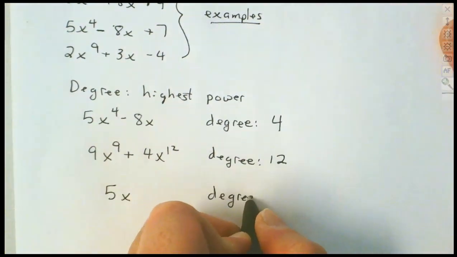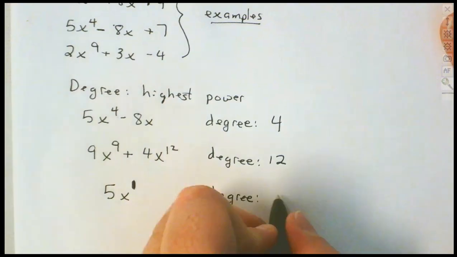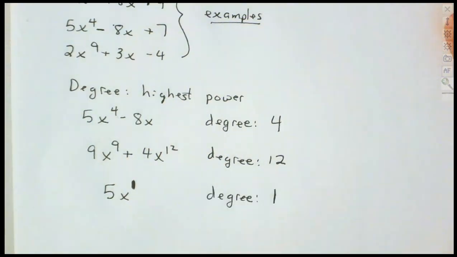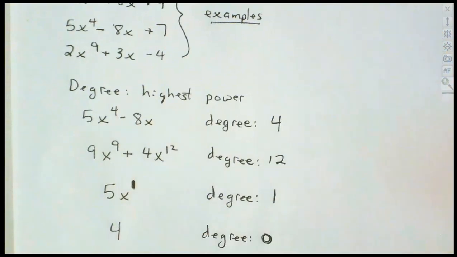It's not 5. Okay, 5x, there's actually a 1 there, right? We don't write the 1, but there's actually a 1 there. So in 5x, it would have a degree of 1. And if it's just a number like 4, it has no x, so that would be degree 0.